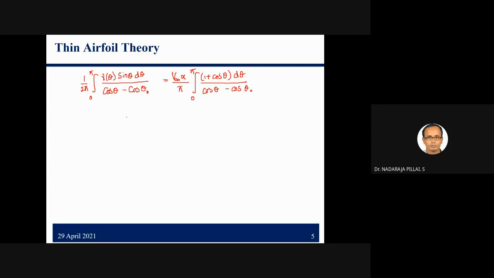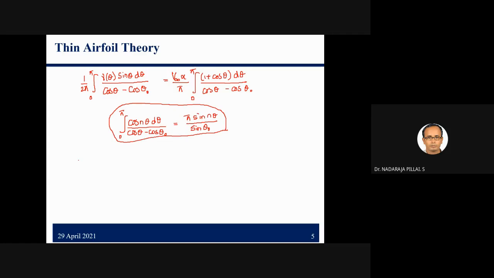So we can write that integral 0 to pi cos n theta d theta divided by cos theta minus cos theta naught can be written as pi sin n theta naught by sin theta naught. So let us use this, and we can go to the previous equation and substitute.